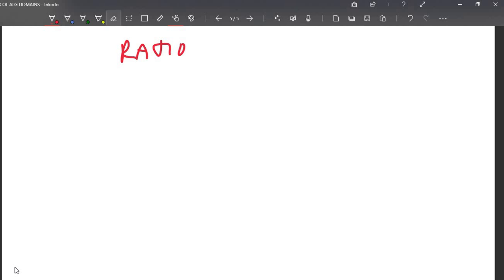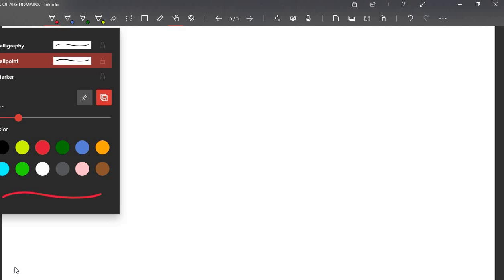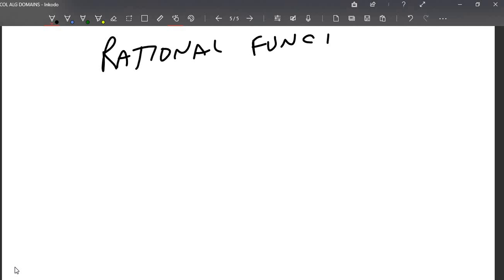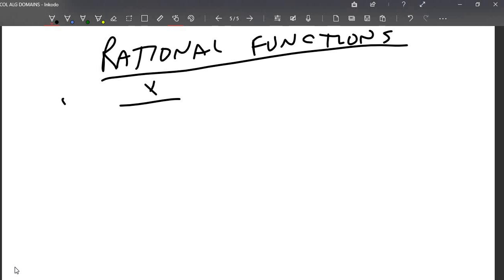Let me erase that. So we want to find domains for problems that look similar to this. Maybe here's our function, x over x minus 3.